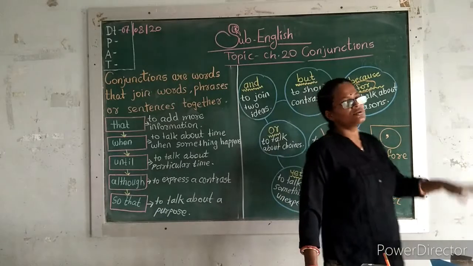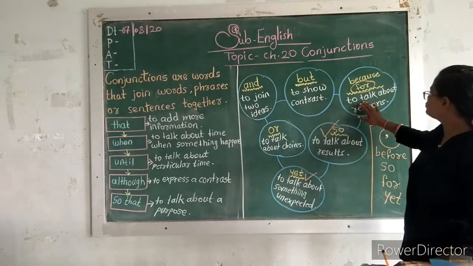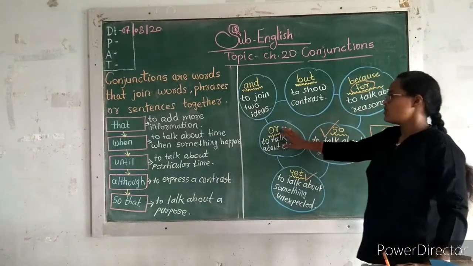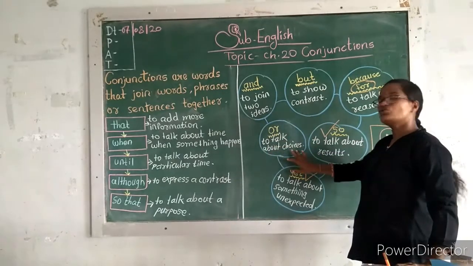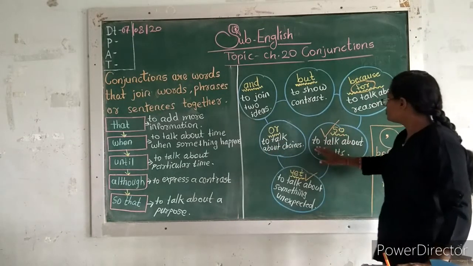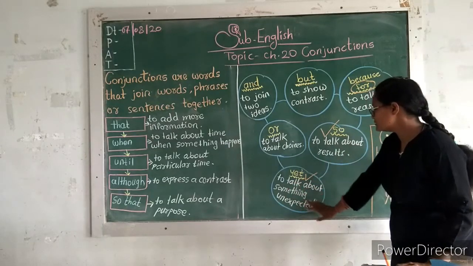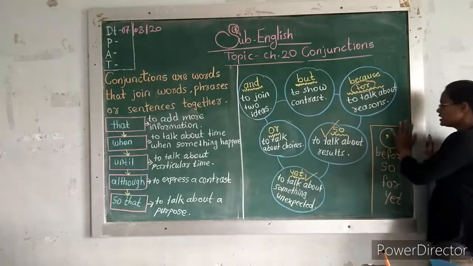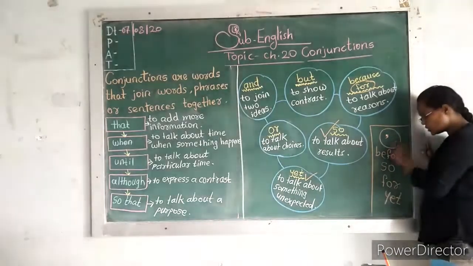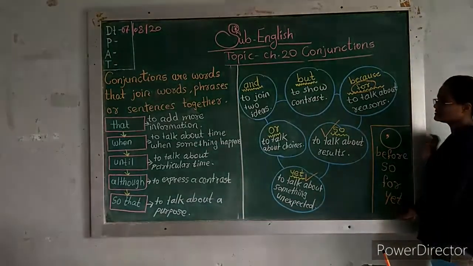Because and for both are used to talk about reasons. Or is used to talk about choices. So, to talk about results. Yet, to talk about something unexpected. We often use a comma before so, for and yet.